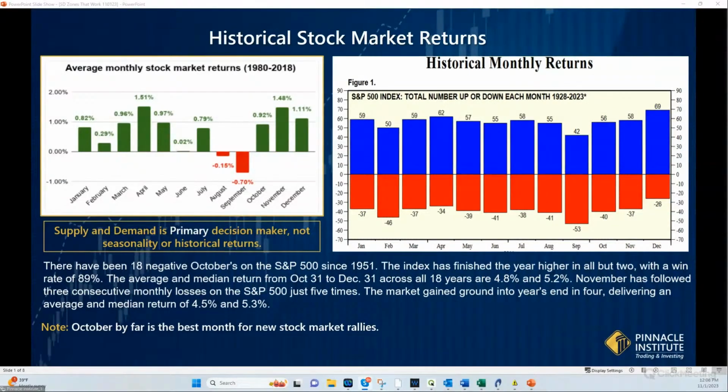The primary decision maker is the supply and demand scenario or opportunity, not what's happened over the past 50 years, 60% of the time. Does that make sense? Okay. So let me just get that out there to make sure this information never comes before the supply and demand zones, right?